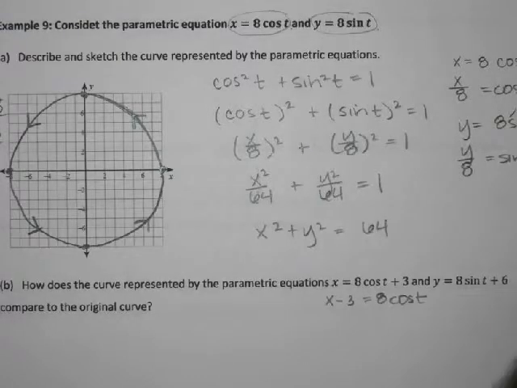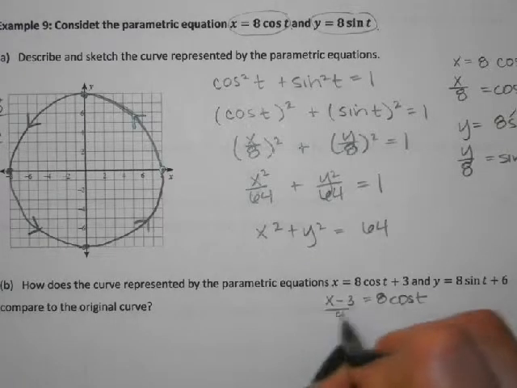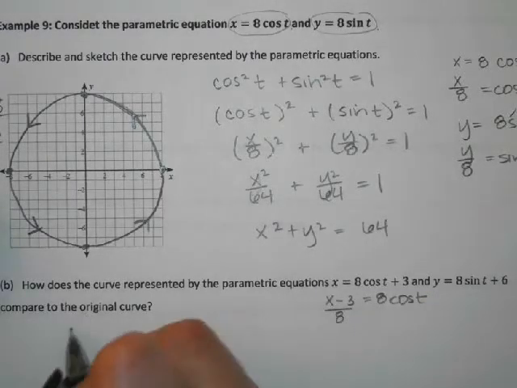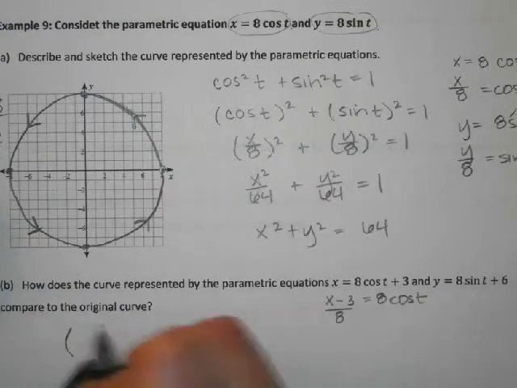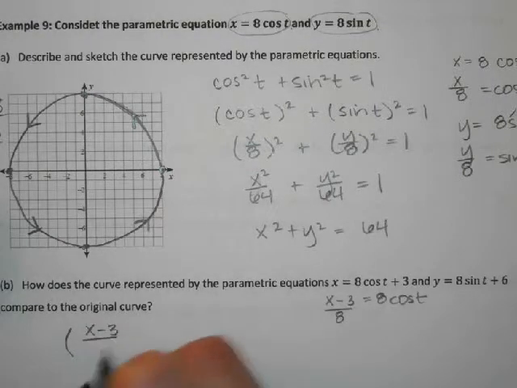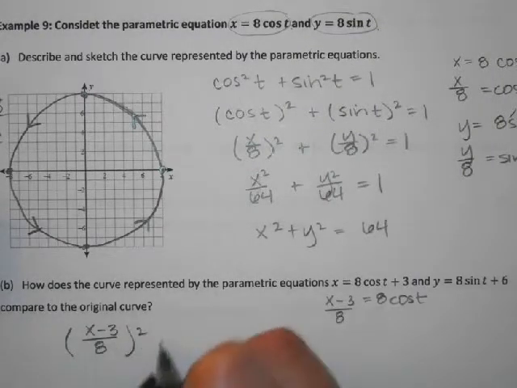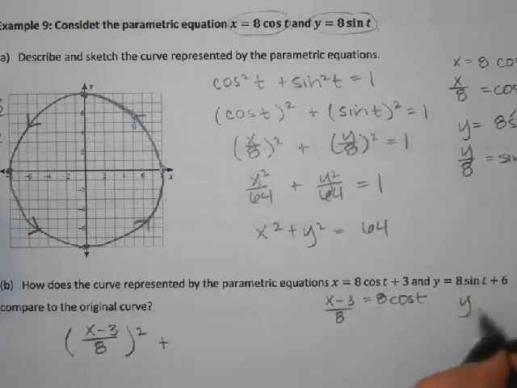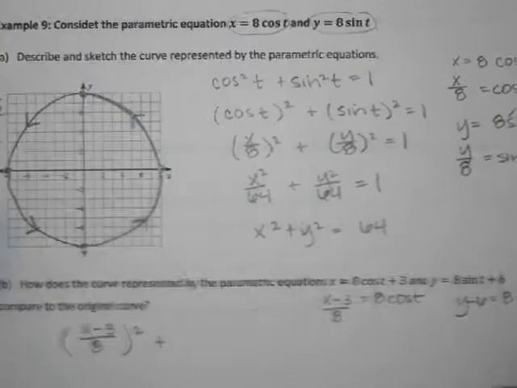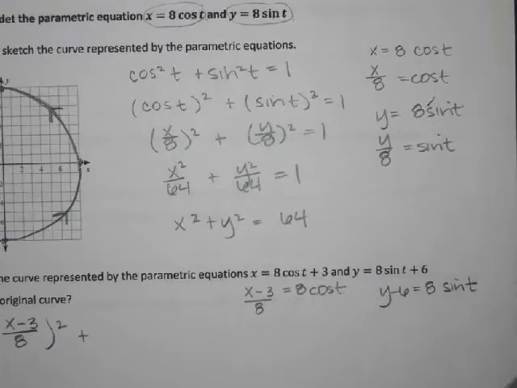And then what should I do? Divide by 8. So that means that I'm going to have x minus 3 over 8 squared. And then I'll have y minus 6 equals 8 sine t. And then again, I'll divide by 8.